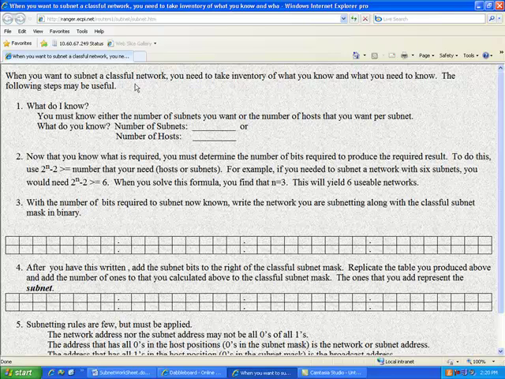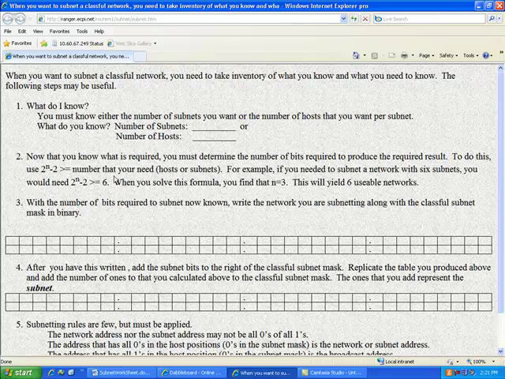What we need to know is the number of subnets, or the number of hosts, that we want on our new subnetted network. That's the only 2 things that you can know, and we've used the formula 2 to the n minus 2, where n is the number of bits that we have in either the network address in the subnet or in the hosts.